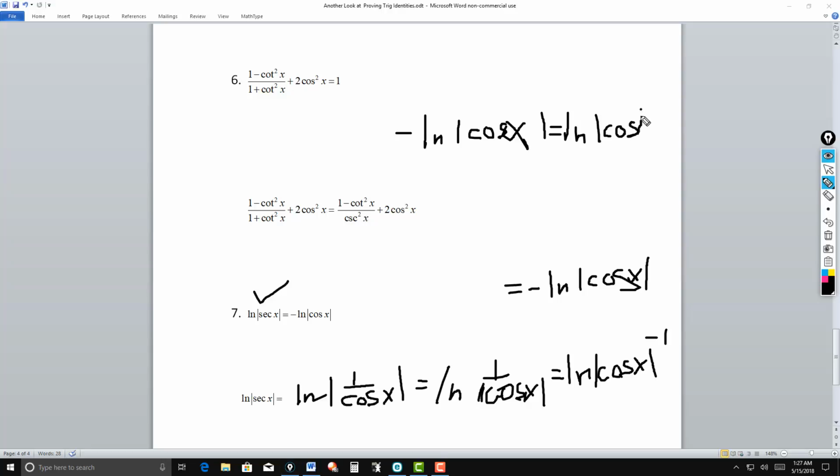Again, using the same property, this negative can become an exponent on this. This is an x here.